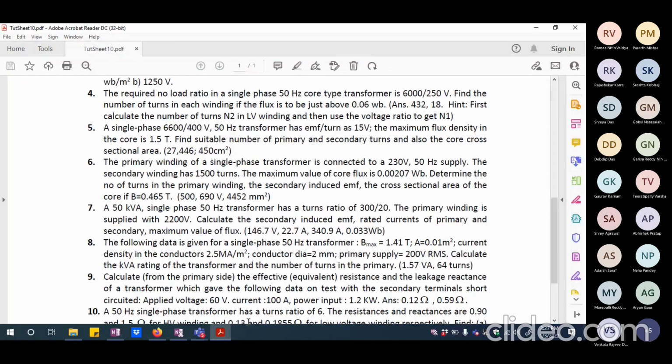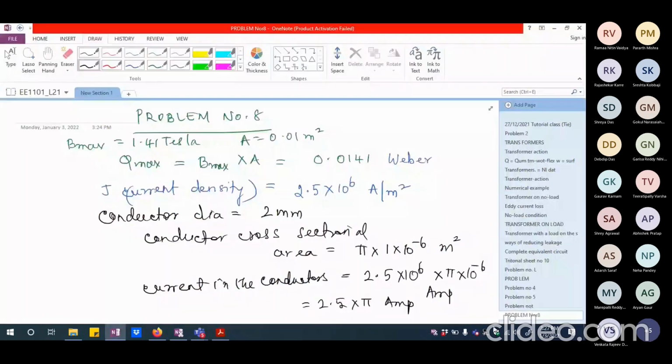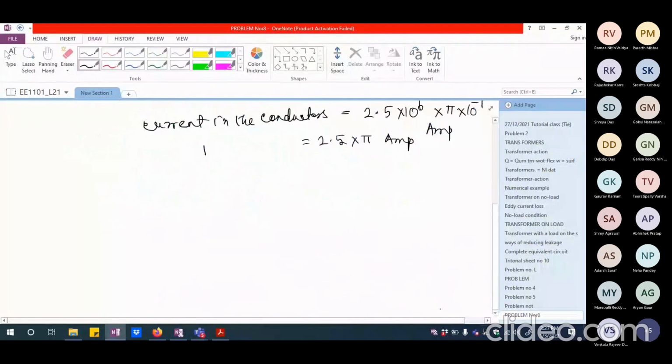Right? Now from here, I should be able to calculate what is being asked. Primary supply voltage is given. The primary current is known. Primary supply voltage is 200 volts. So current multiplied by voltage will be the kVA rating. So I should be able to calculate the kVA rating.